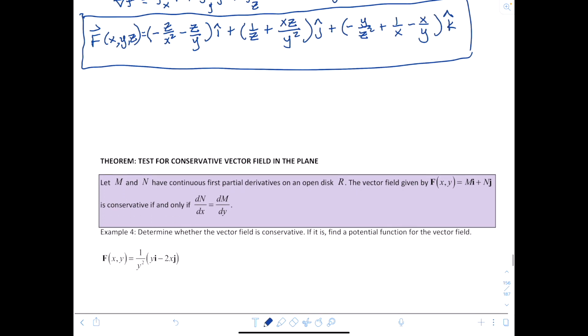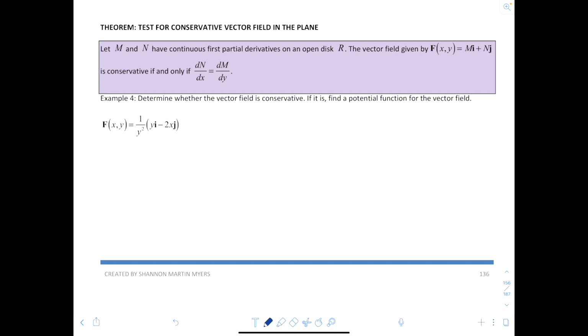Okay, so here's a theorem, a test for a conservative vector field in the plane. Let M and N have continuous first partial derivatives on an open disk R. The vector field given by F of x and y equals Mi plus Nj is conservative if and only if, so this is a two-way relationship, dN/dx is equal to dM/dy.